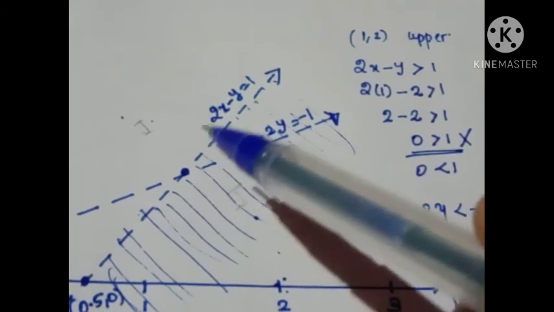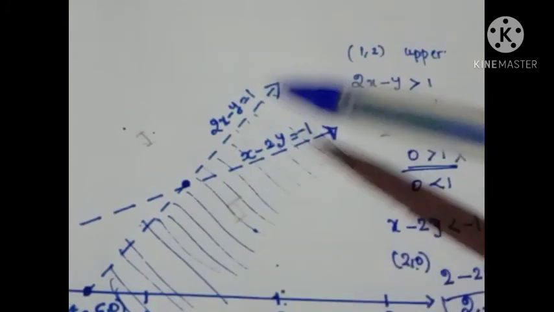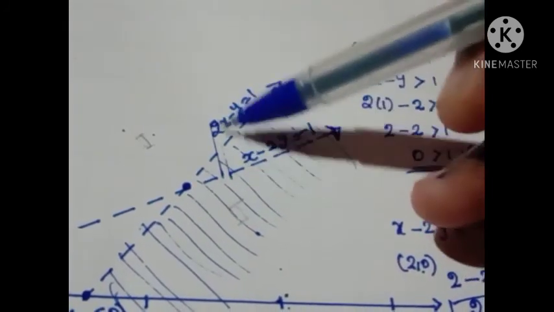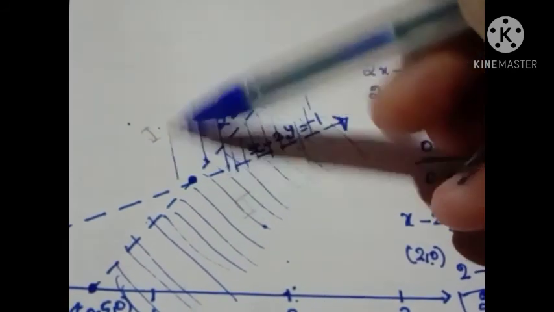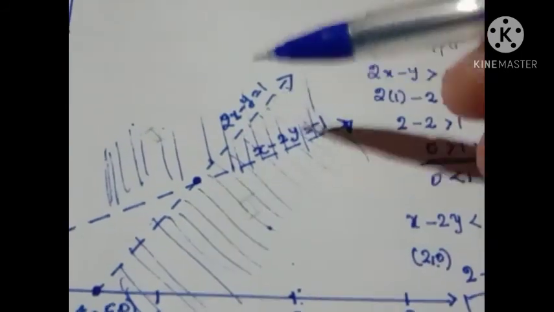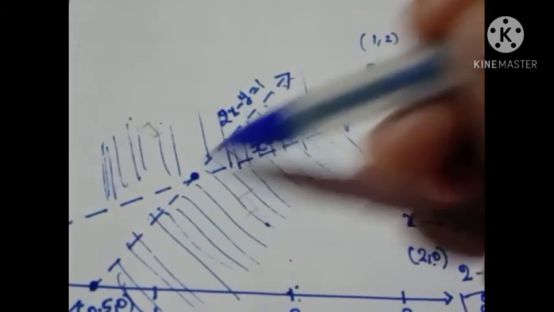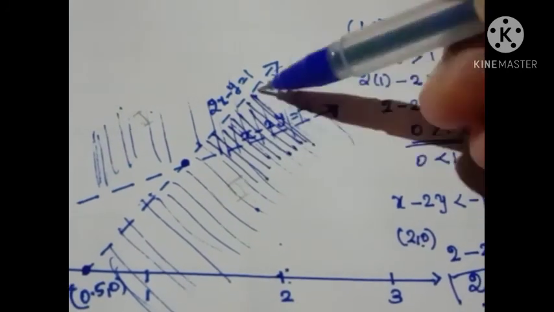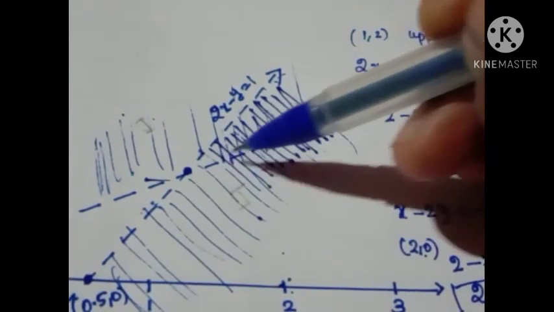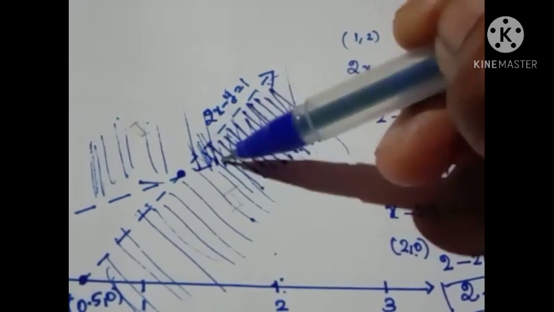So all the solutions belong to the upper half plane, above the line. Listen, for this line all the solutions are below the line, and for this line all the points are above the line.